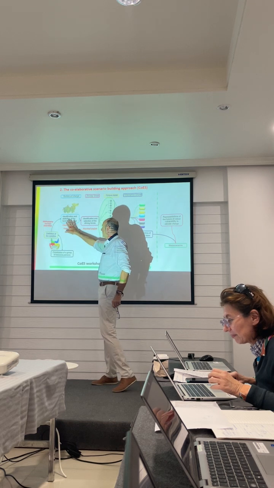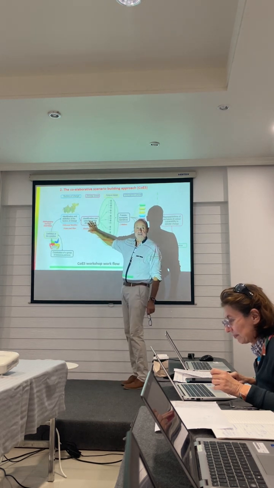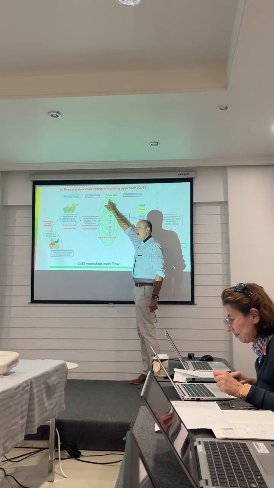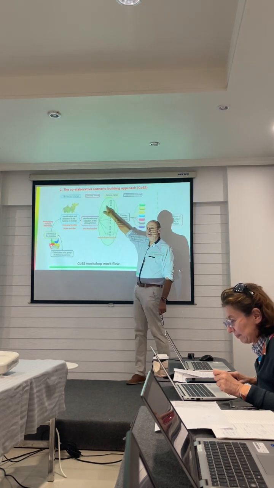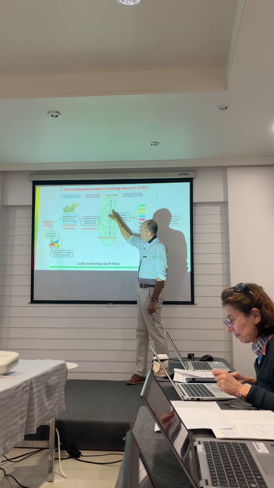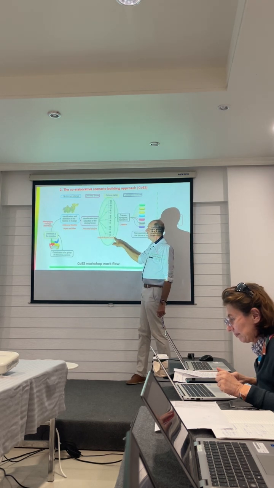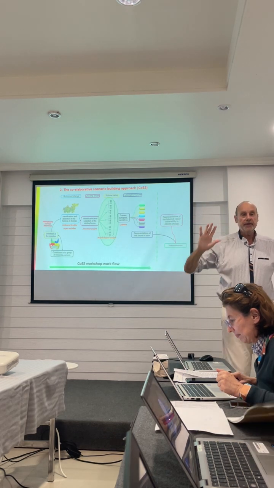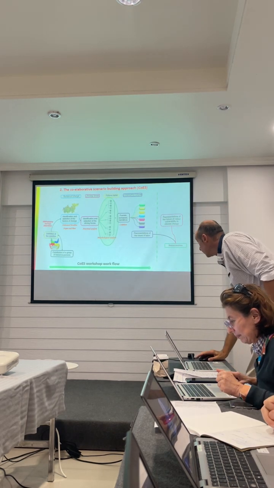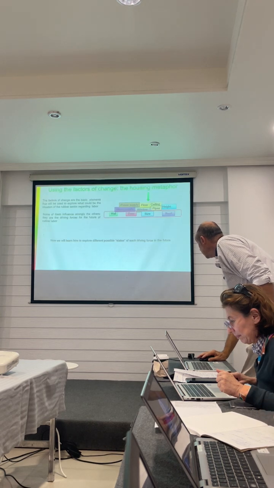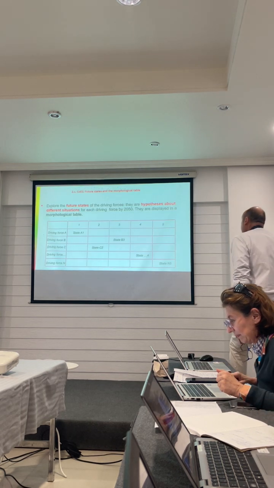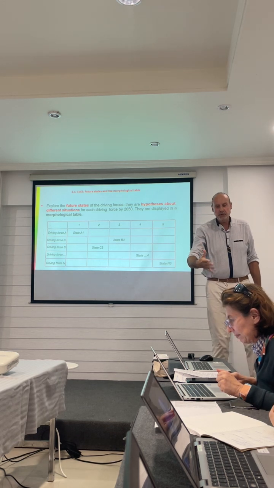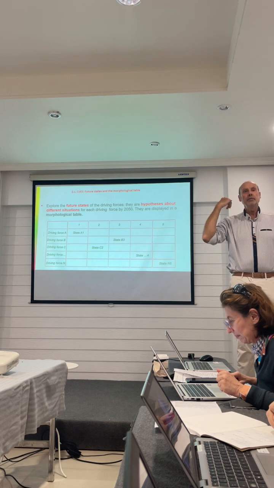We've done this, we've done that, we've finished the structural analysis, including the driving forces, and now we are moving to the identification, the exploration of what we call future states. So this is this activity here, the morphological analysis. So, how do we do this? Exploring the future states of the driving forces. What is a future state of a driving force? For example, what is the future state of the political capacity?